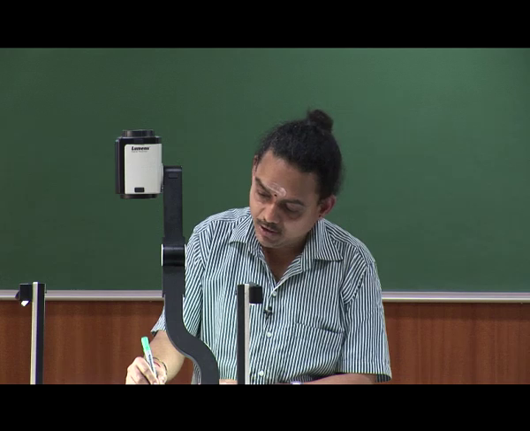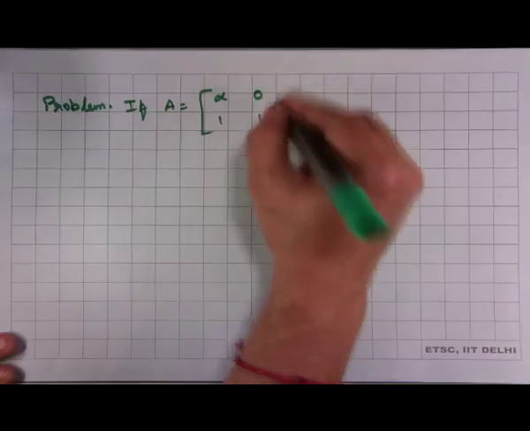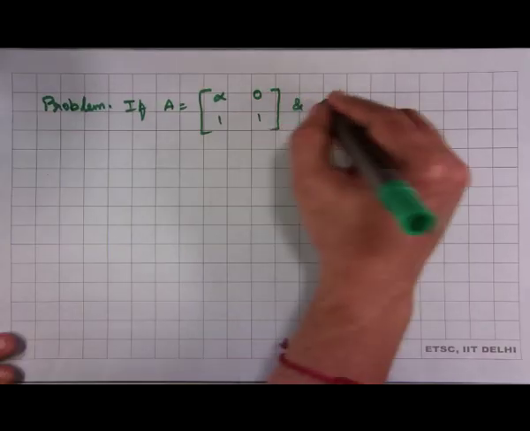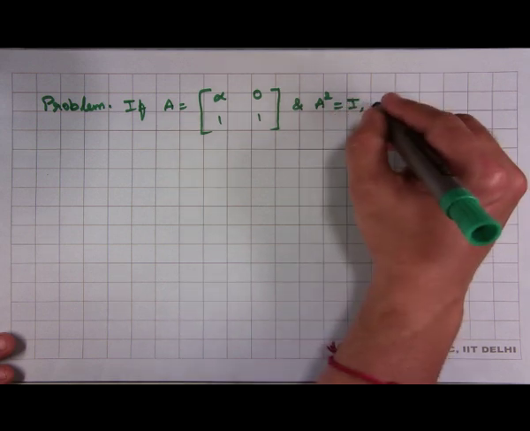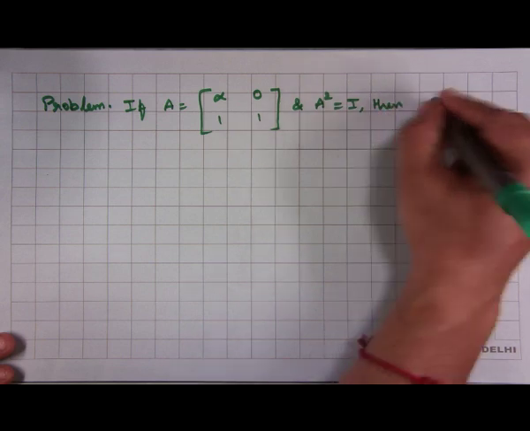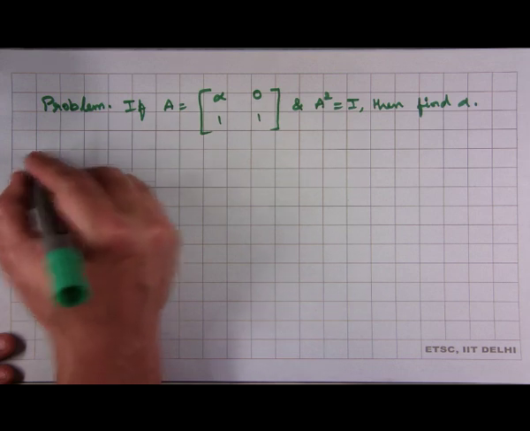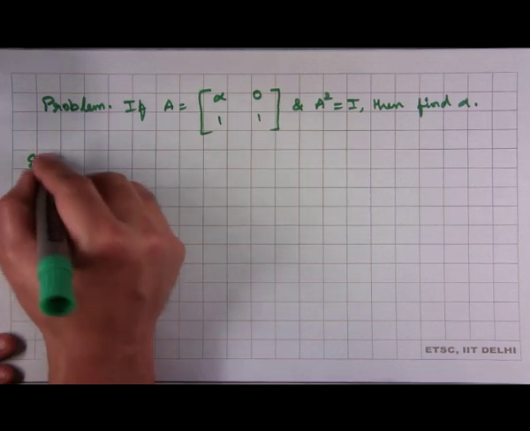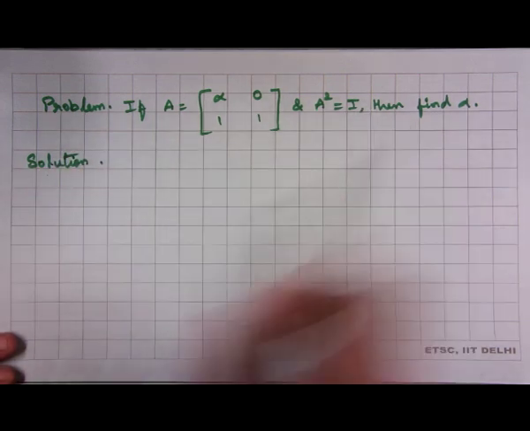If A equals the matrix alpha 0, 1 1, and A squared equals identity, then find alpha. Solution. We are given that A squared equals identity.